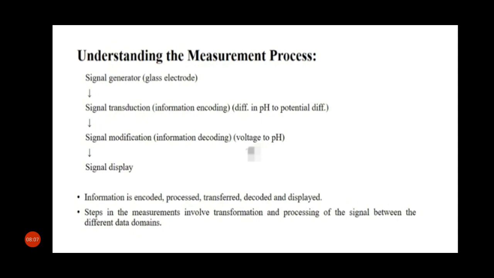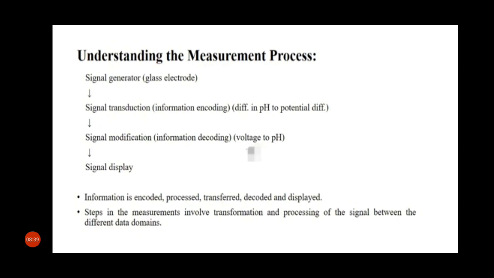First we take this signal generator, the glass electrode. Then we transduce the signal information, and then we modify the signal, that means information decoding in terms of voltage to pH, and finally we have the signal display.